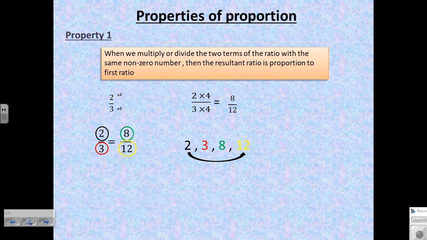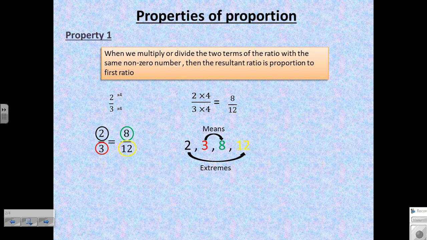Now, 2 and 12, because they are outside, we call them the extremes. They are outside, 2 and the far away 12. What about 3 and 8? 3 and 8 are called means.